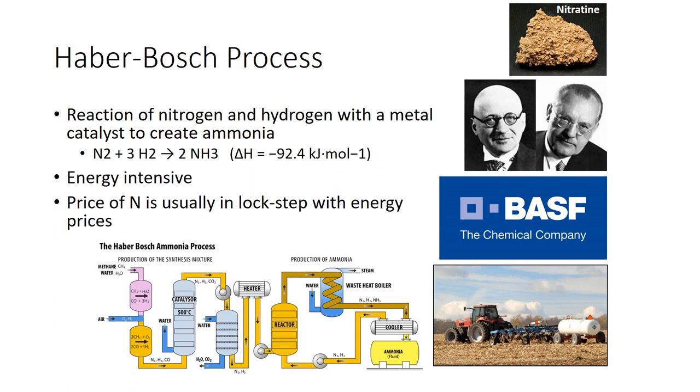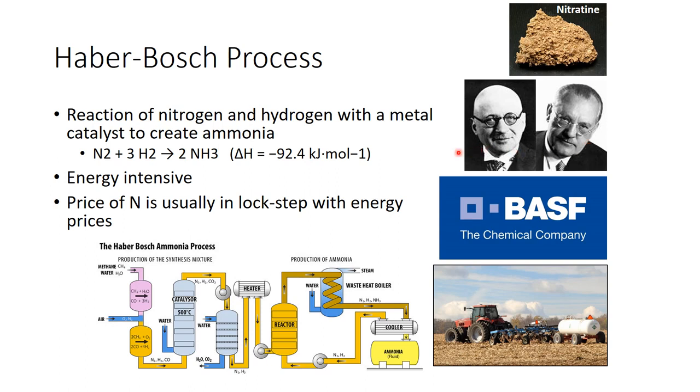Now, scientists and engineers have developed a way that we can actually take nitrogen from the atmosphere and turn it into forms of nitrogen that we can use at an industrial scale for our own purposes. And that is done primarily through the Haber-Bosch process. Haber is the guy on the left, and Bosch is the guy on the right.